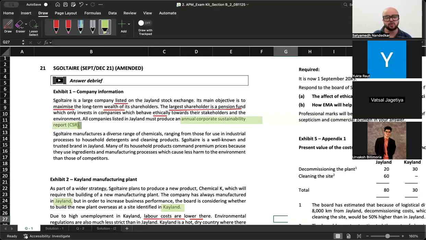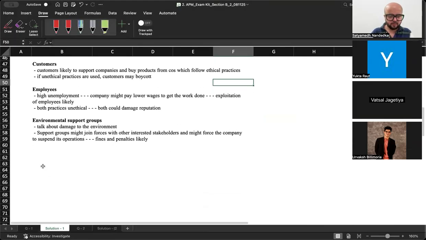So if the company has to produce an annual CSR report, you will have to include all the environment related cost in it. Now traditional accounting techniques might not be helpful in calculating the environment related cost. EMA will help you to do that. Then mention the different techniques in EMA. How will they help? So write about that. Okay.